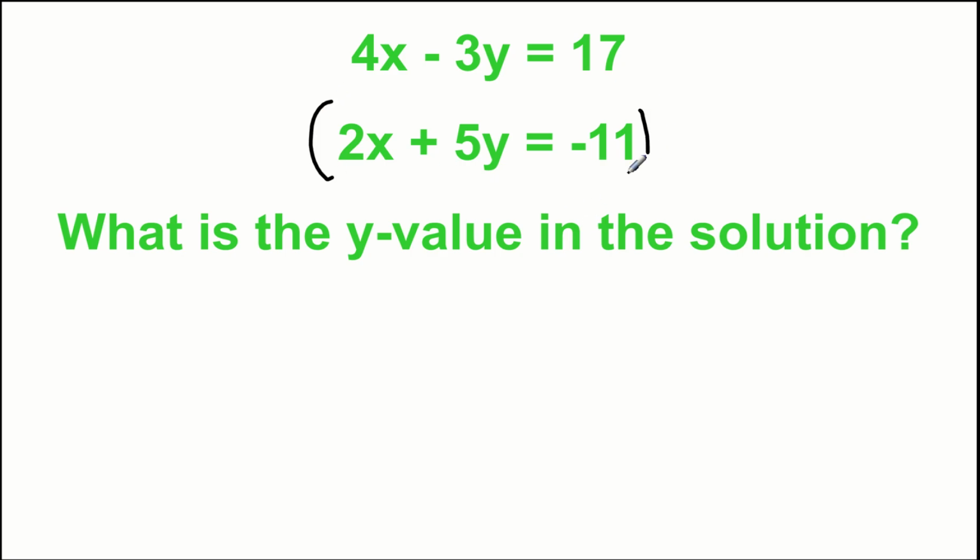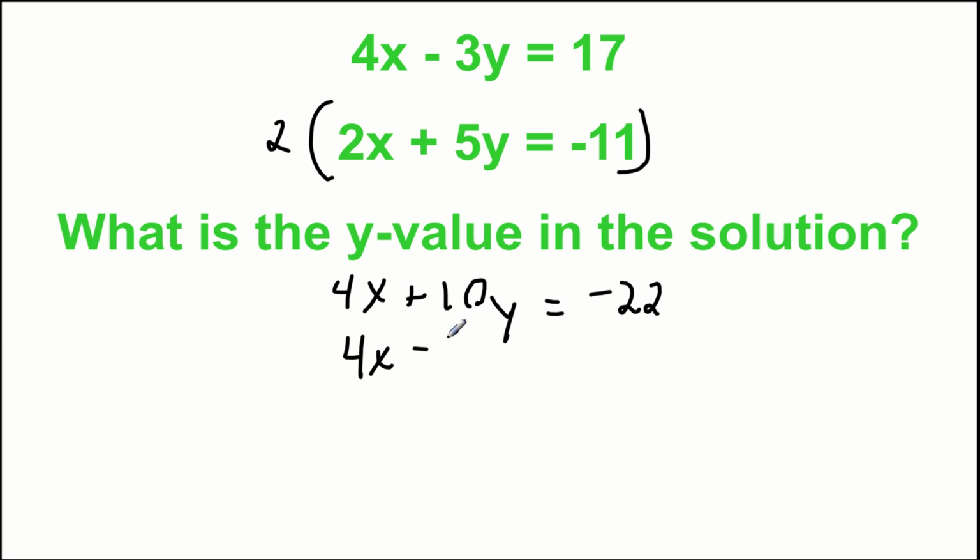So if I multiply my whole second equation by 2, that gives me 4x plus 10y equals -22. The other equation is 4x minus 3y equals 17. Since we're trying to make the x's cancel out, they got the same sign, we're going to subtract.